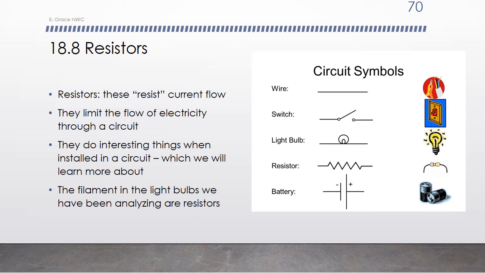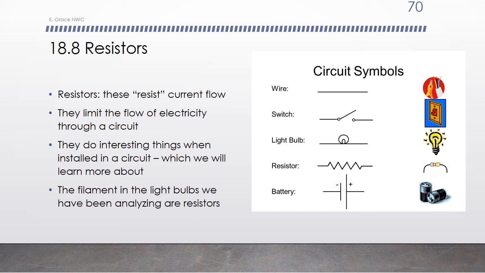Resistors are, as their name suggests, things that resist current flow. Basically, you can think of it as working a little bit harder to get those electrons through. So they're going to limit the flow of electricity through a circuit. And they do really interesting things in circuits, which we're going to learn more about. That's where understanding resistance and a lot of those classic circuit equations come from.